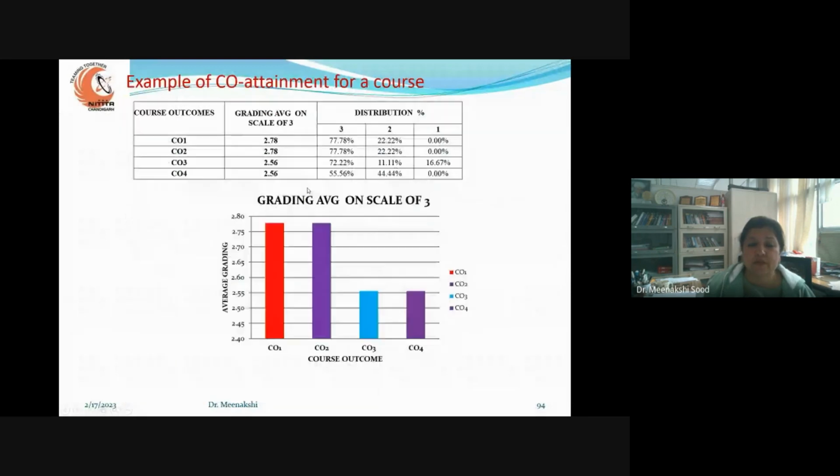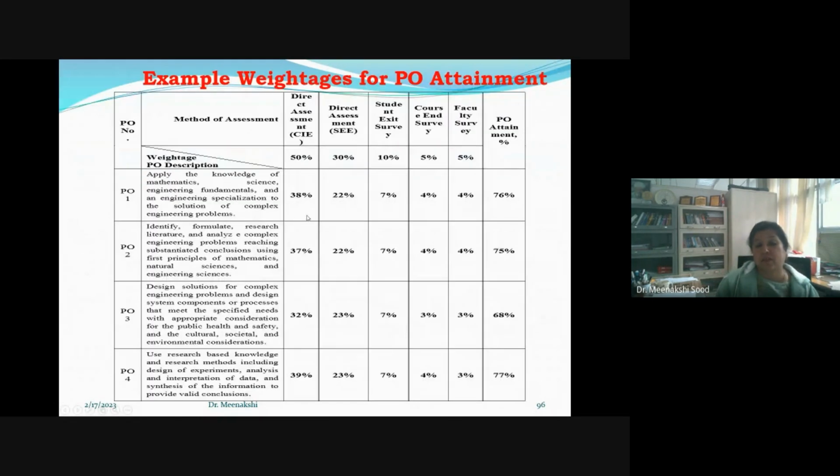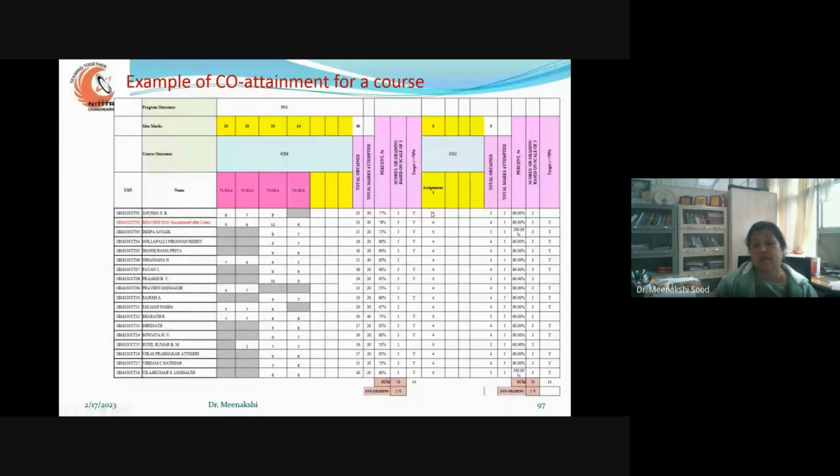Once PO mapping is done, then for every subject and every semester it should be done. So finally you can show whether the COs have been attained or not. CO attainment will lead to PO attainment, and for the entire semester, for the entire subject, you can show whether the POs have been attained or not, right?